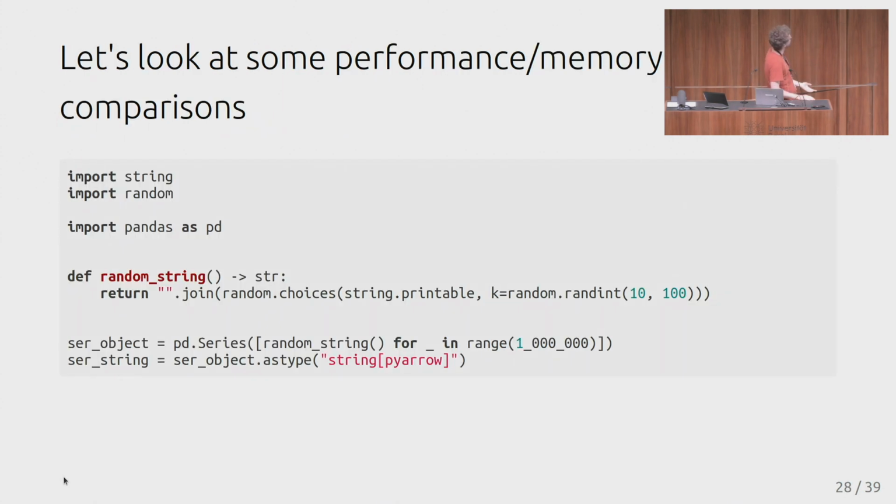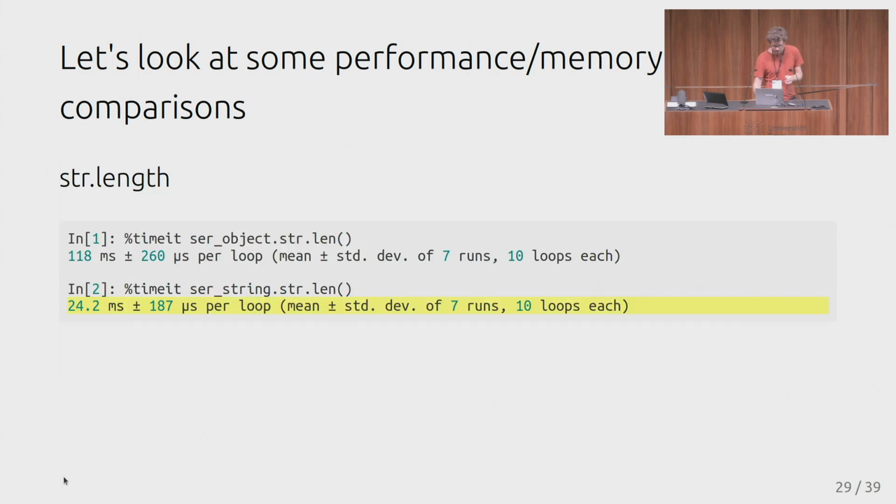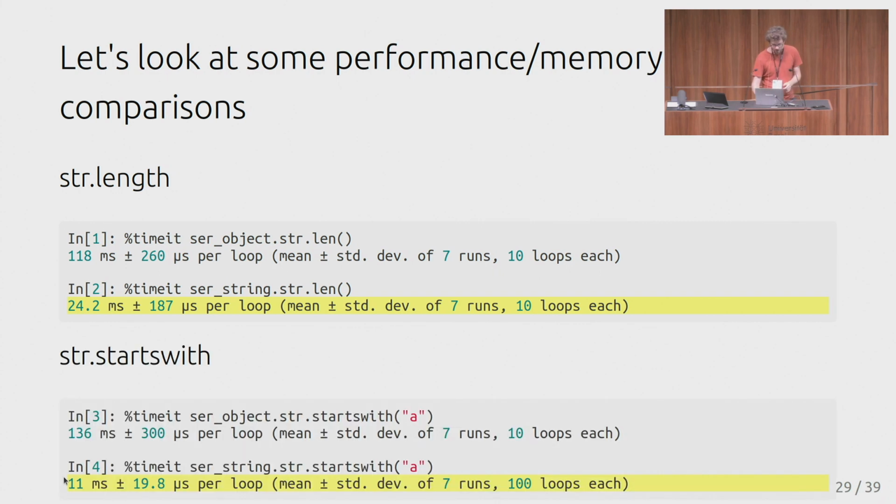I said it's faster and more efficient, so let's look at a small example. Here I generate 1 million random strings of varying length, put that in a series using object dtype as of today, and convert this to the new string data type as well. If you use the .str.length method to ask what's the length of each of my strings, you can see around a 5 times speed up in this benchmark.